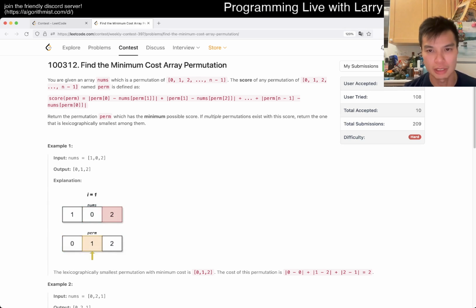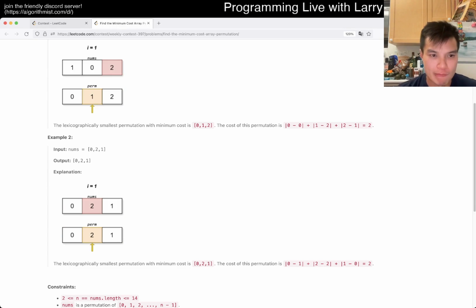Perm of n minus 1. So this is the last number minus this number. There's the difference, right? It's not just minus, otherwise maybe we'll take it out or something. These hours do nothing.